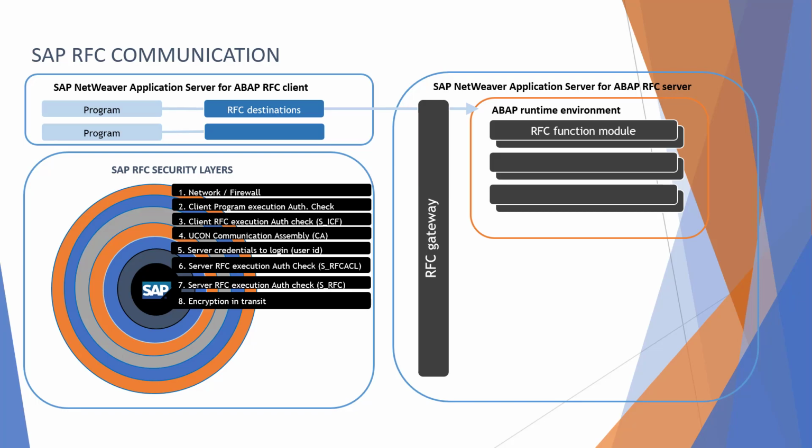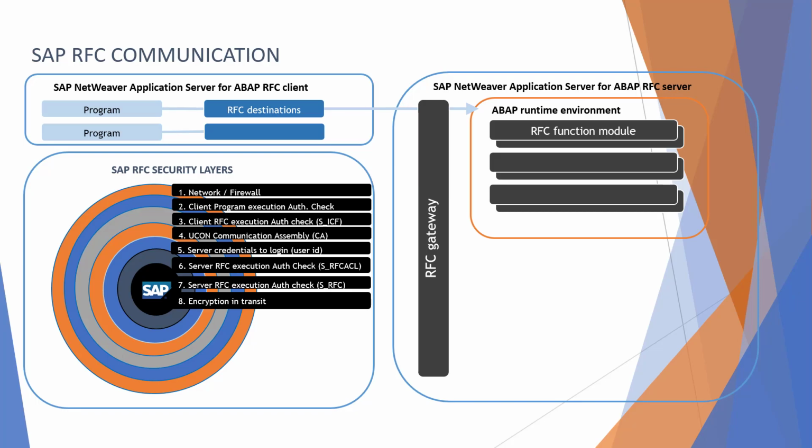One takeaway from this slide is that while these layers are available to secure RFC communication in SAP, they all require some level of effort to implement at the SAP customer's site. For example, the UCON layer requires some parameter updates and configuration to activate UCON, and SAP provides specific recommendations on how best to deploy the UCON tool.